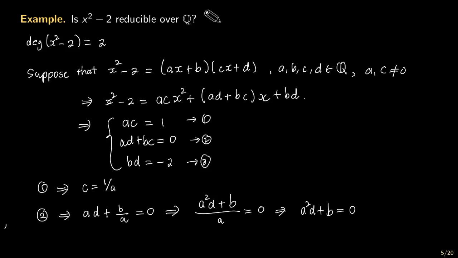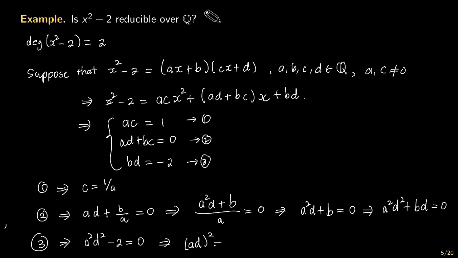Now to be able to use equation 3, I'm going to multiply both sides of this equation by d. So I get a squared d squared plus bd equals 0. But what is bd? From equation 3, bd is negative 2, so I get a squared d squared minus 2 equals 0. Therefore, (ad) squared equals 2, and ad is a rational number.